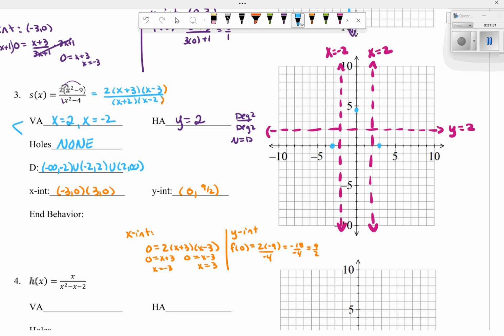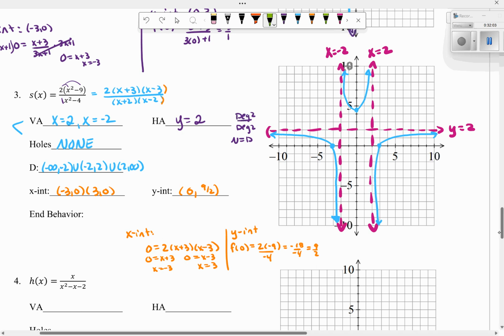So on the very left side, I know this is going to follow along my horizontal asymptote, and this one's going to follow my vertical asymptote going down. And then same thing on this side. And in the middle, I know my graph is going to be making a parabolic shape going up and not down, because if the graph were going down like this and this, notice you would have to have 2 more x-intercepts, and we do not. So you know your graph has to go up. So our graph would look like that.